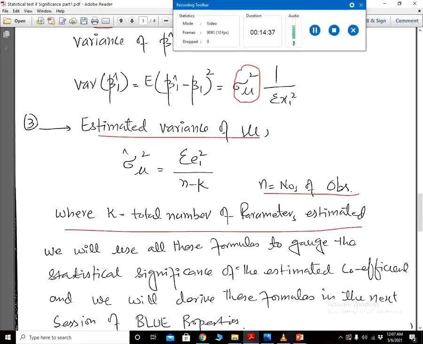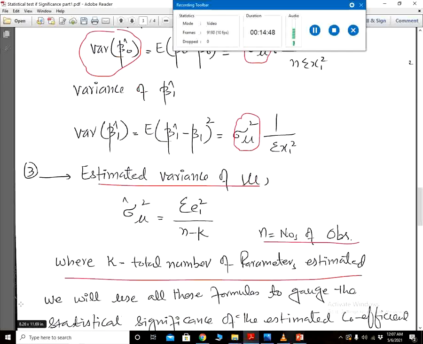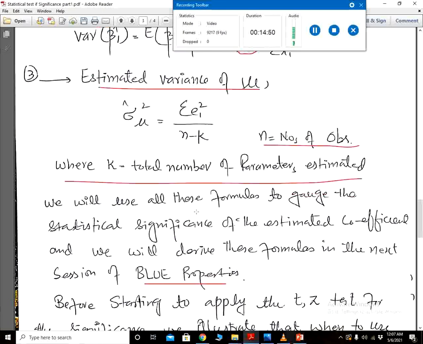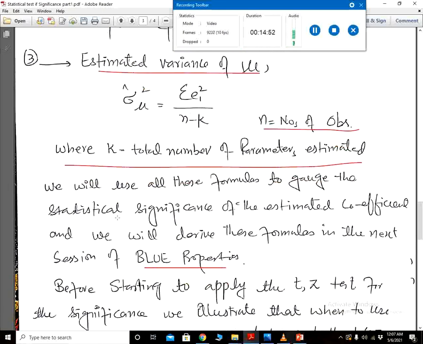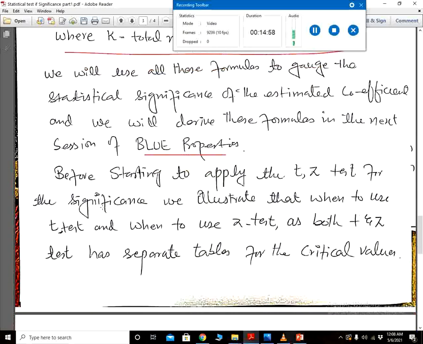In our model, we have estimated only 2 parameters, so k will be equal to 2, right? So these are the formulas, and we will use all of them to gauge the statistical significance of the estimated coefficients, and we will derive them in the next session on BLUE properties.